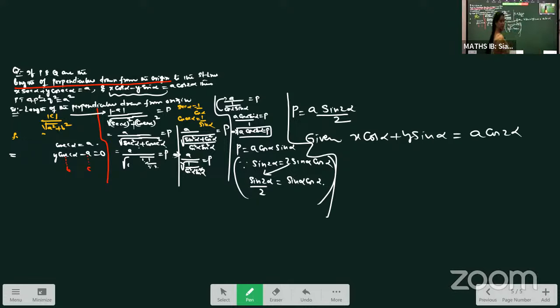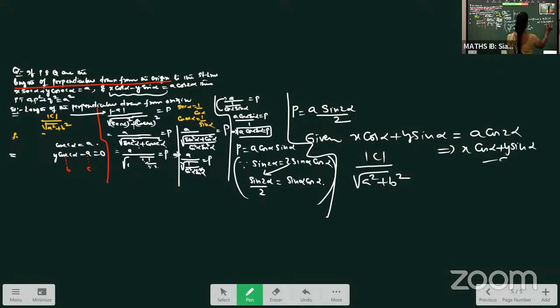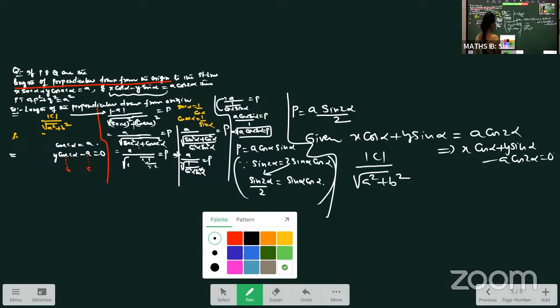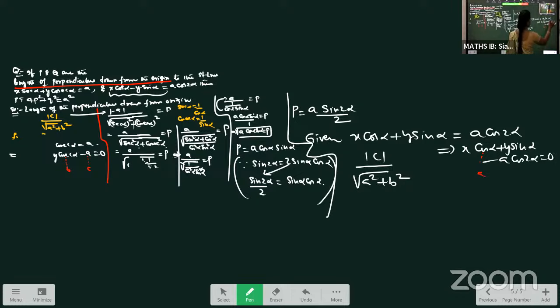Again, you apply the same formula, mod C by root over A square plus B square. So what is A here? This one can be written as X cos alpha plus Y sin alpha, bring this one here, minus A cos 2 alpha is equal to 0. So now this is your A, this is your B, this is your C.